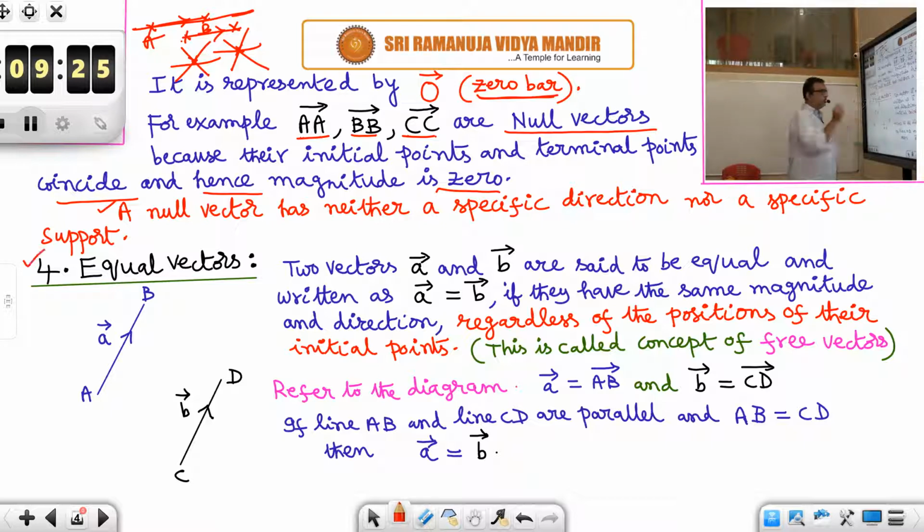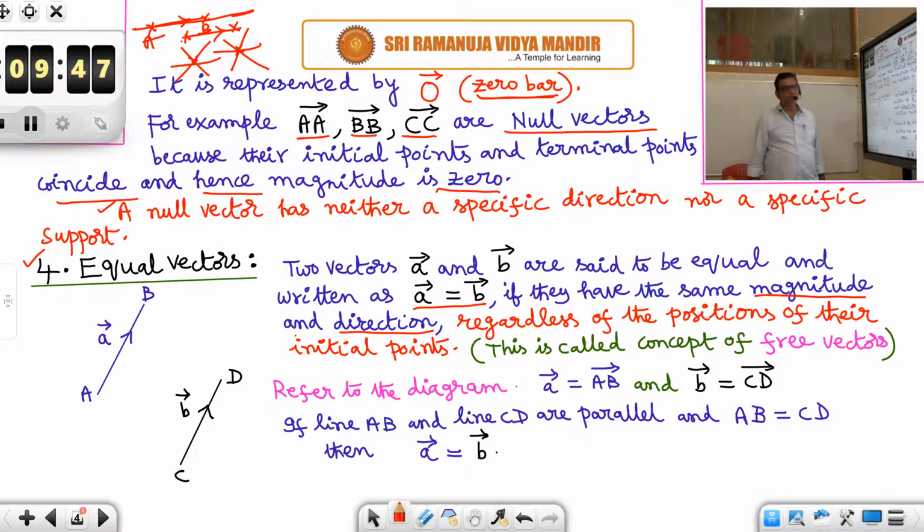Now next, the question of equal vectors. See, this is important. Two vectors A bar, B bar are said to be equal and written as A bar is equal to B bar if they have the same magnitude and same direction. Is it not? Vector has both magnitude and direction.